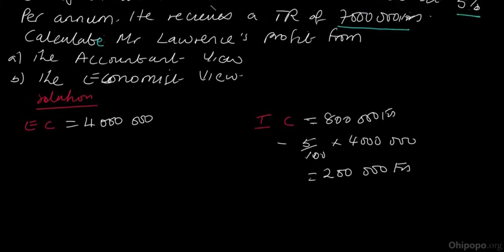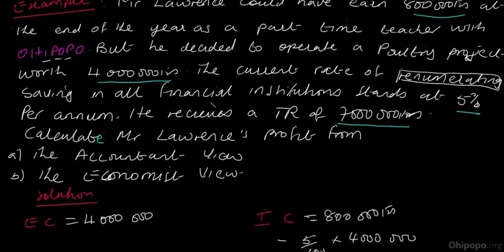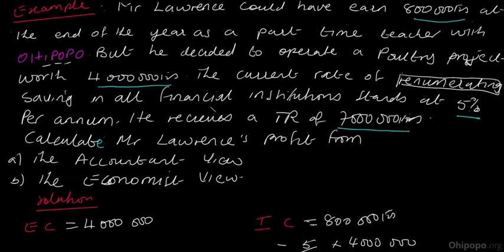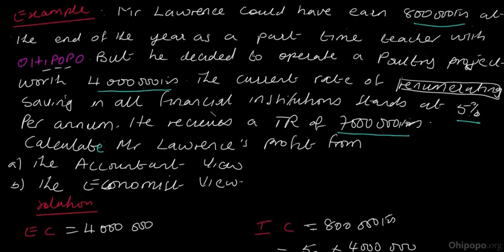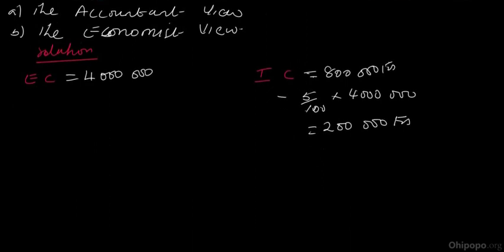So I strongly believe these three figures are the only figures given in the question: 1, 2, and 3. Okay, now from there we can answer our question. The first question says we should calculate the accountant profit.